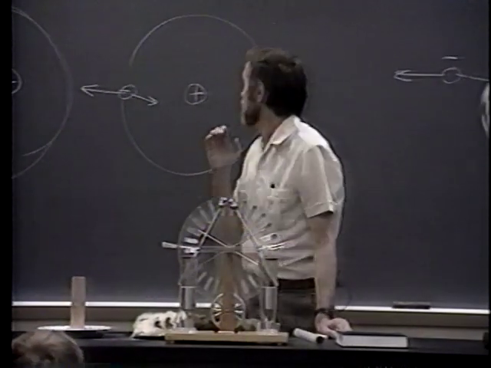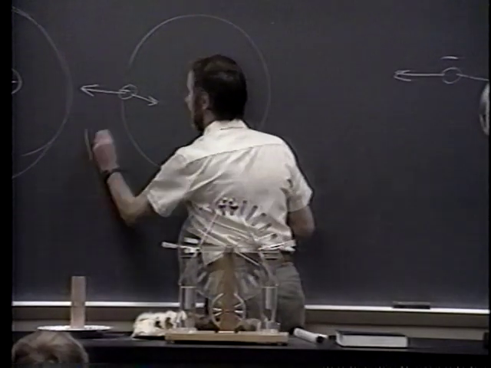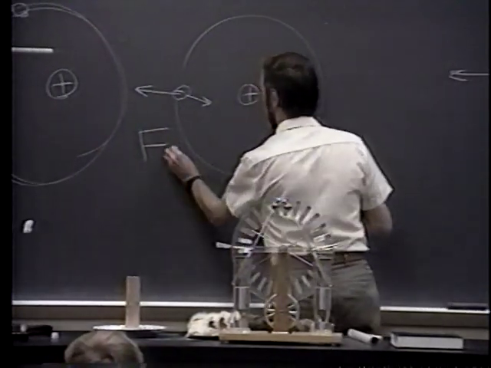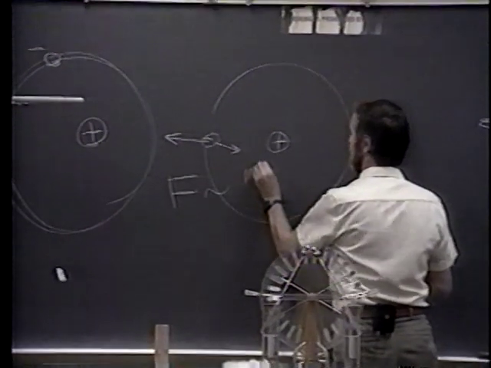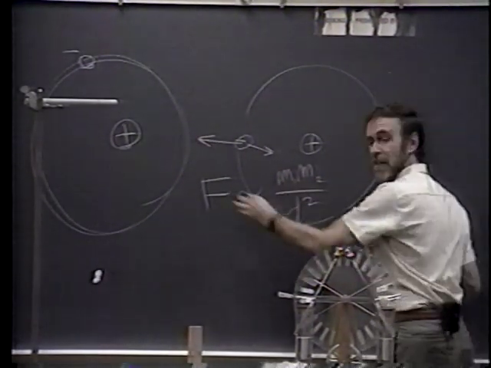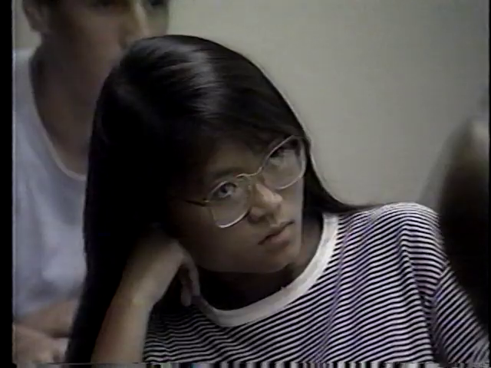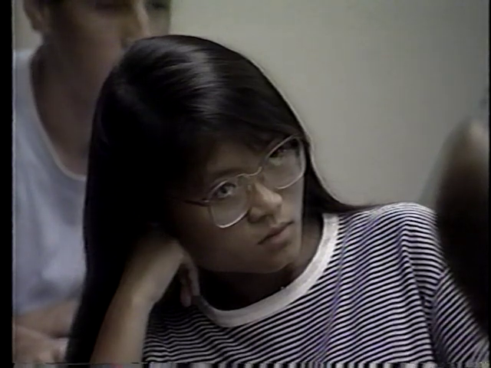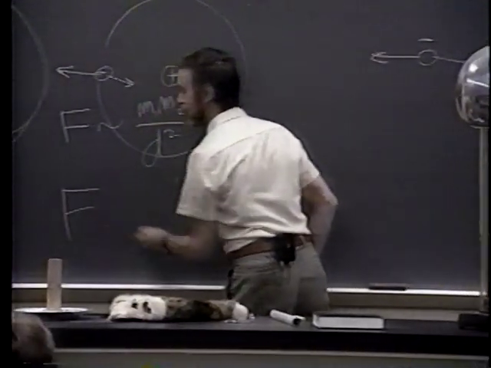Remember we talked about the force of gravity? And we said there was a force in the universe that was proportional to the mass of one object, the mass of another object, divided by the distance squared. Remember we talked about that? Well, physics is neat, gang, because guess what? It turns out there's a force that's very much the same between electrical charges.